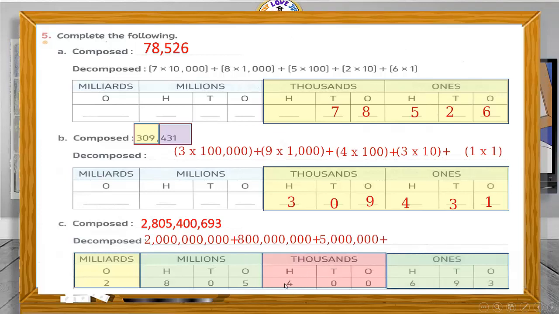Next period, in thousands we have 4 in hundreds, write 400,000. Nothing in tens and 1,000s. Next period, in ones, in the hundreds place we have 6, write 600, and in the tens place we have 9, write 90, and the last digit is 3.